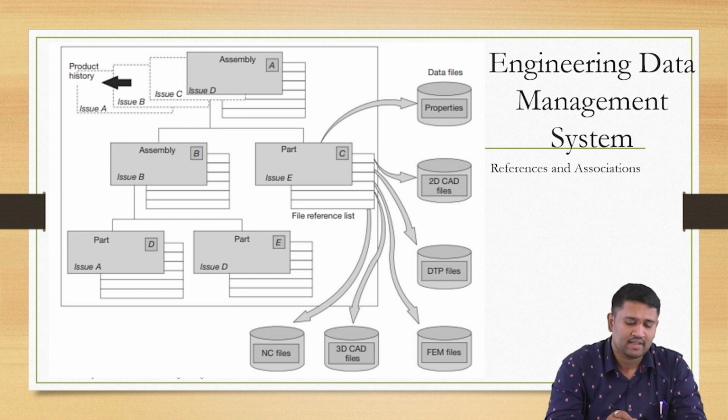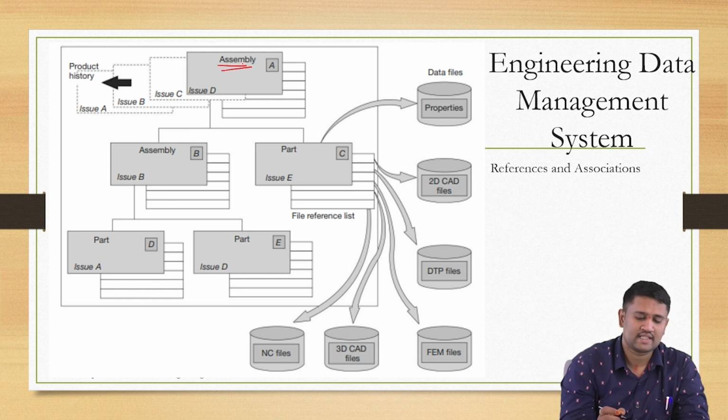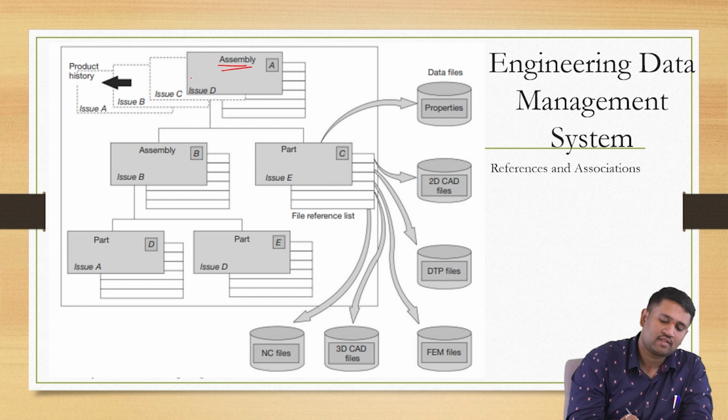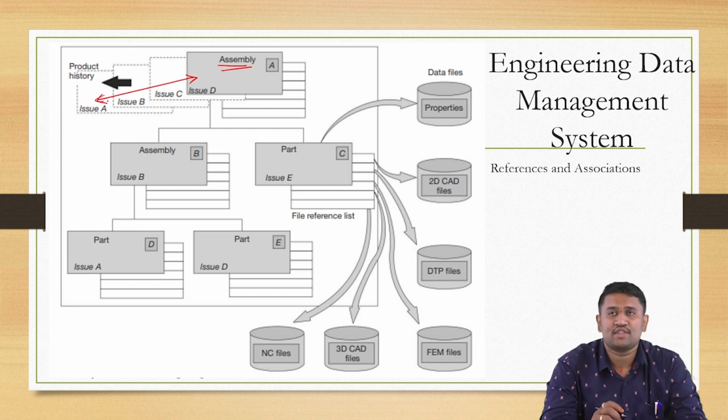For any assembly, let's say the assembly gets updated from one point to another over a period of time. Based on the issues that we encounter, these assemblies get updated and will be stored in order to maintain a certain history, or a certain record, of where the product has been developed.